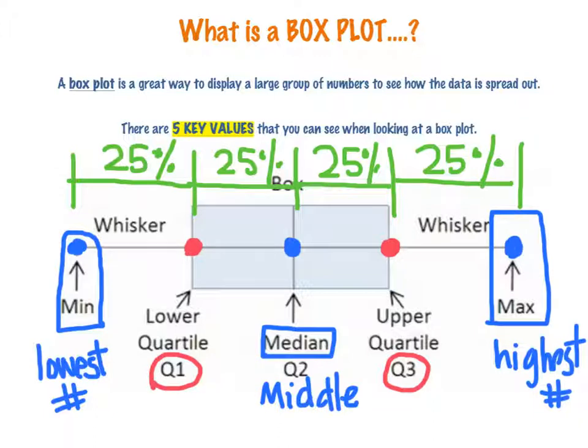So that also tells you that in the center, those values make up 50%. If you look at this box right here, 25 plus 25, half of all the data is right there in the middle in those two spots.